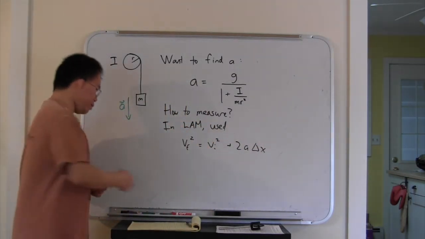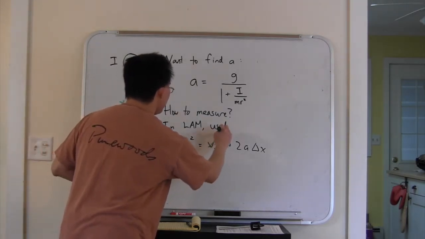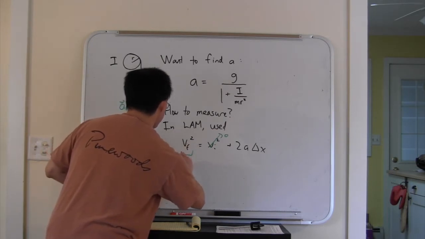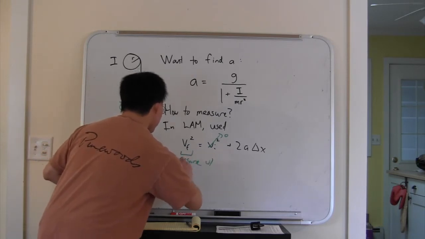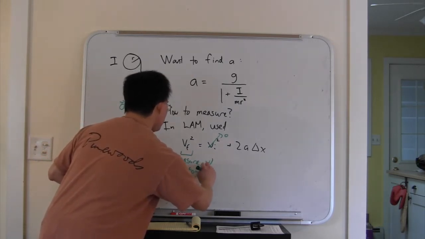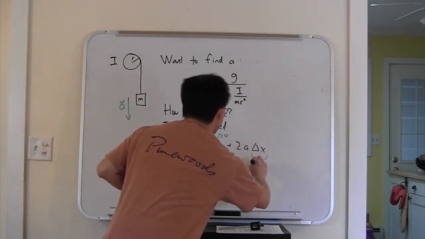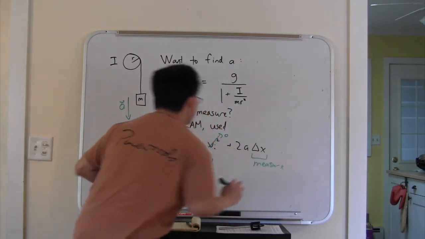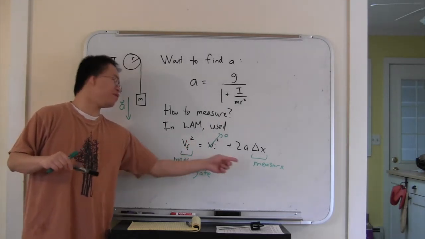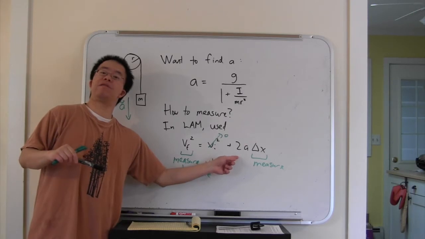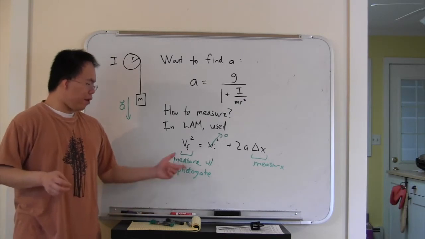We assumed that v initial was 0. We measured v final with a photogate. You also measured the displacement of the cart with a ruler, and by plotting a graph of v squared versus the displacement of the cart, you were able to infer the acceleration.